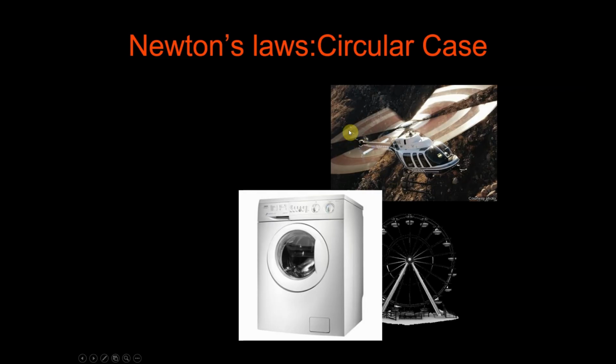It'll go the same number of radians or the same number of degrees per second. But if you're standing out on this edge, you might go kilometers in terms of the distance this blade turns. If you're standing in the center, you're still turning the same number of degrees, but you'd just be spinning around and not going anywhere in terms of meters. So there is a bit of a disconnect between the physical displacement in meters and the angular displacement in radians or degrees that we're going to look at.